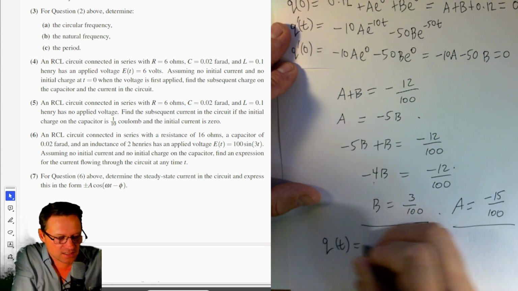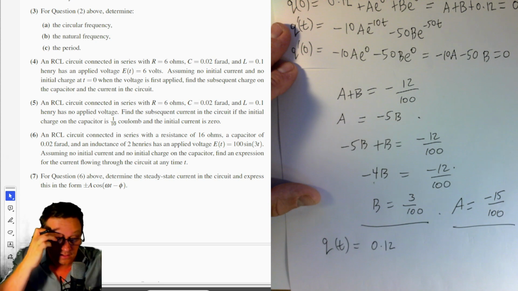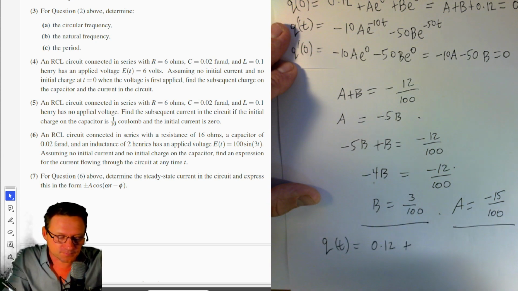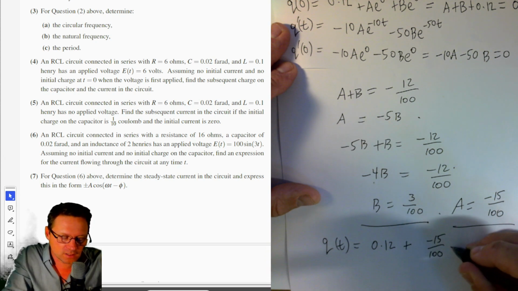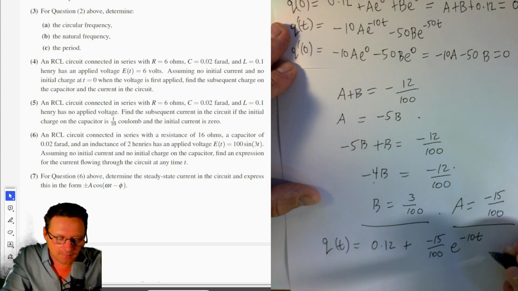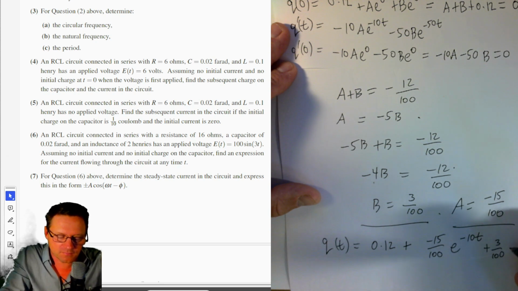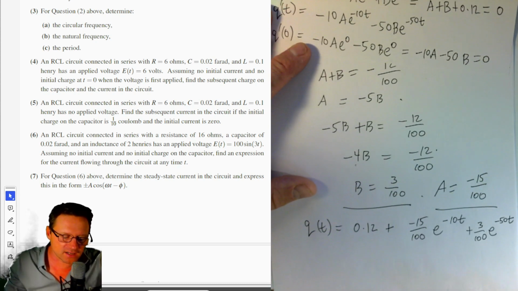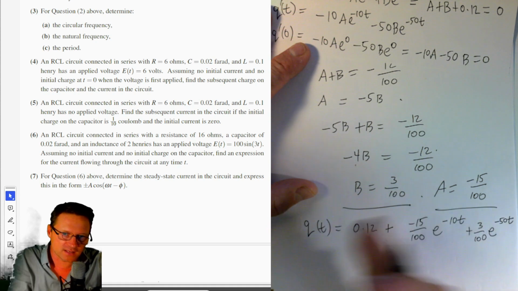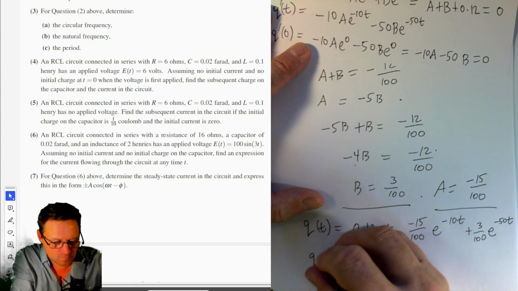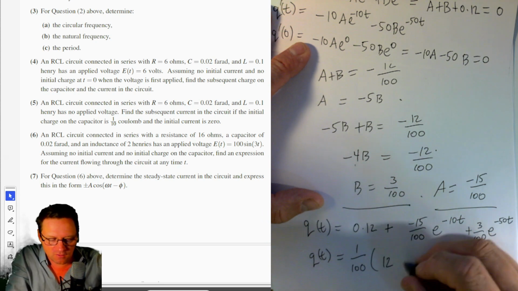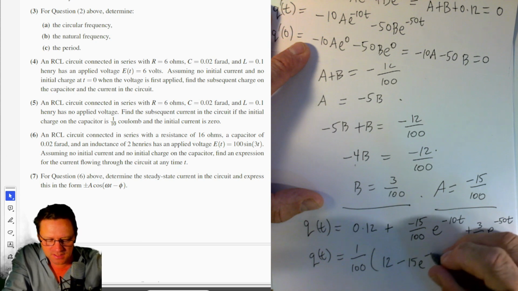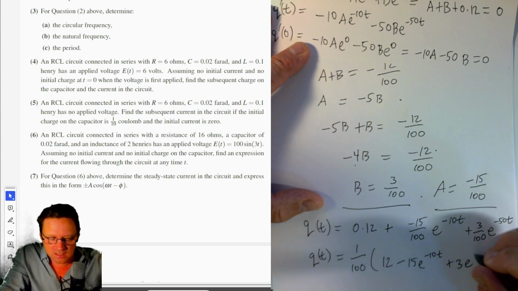So q of t then is equal to 0.12 plus minus 15 over 100 e to the power of minus 10t plus 3 over 100 e to the power of minus 50t. Okay, and we can even tidy this up because that 12 over 100 there has a 1 over 100 in it. So we can write all of this as 1 over 100 times 12 minus 15 e to the minus 10t plus 3 e to the minus 50t.